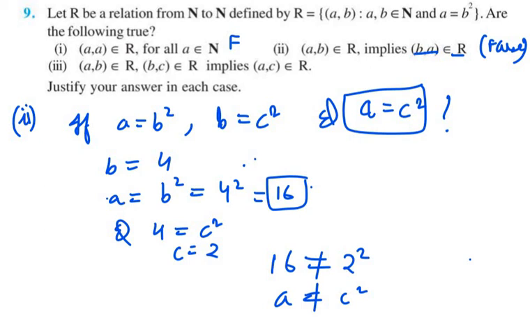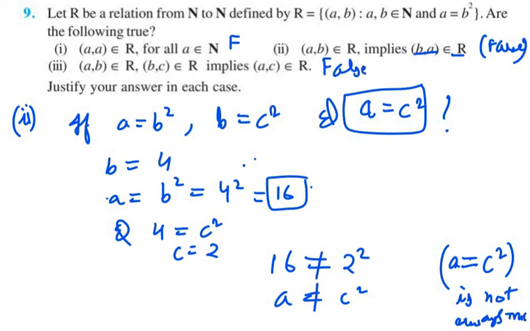So in this case you can write that a equals c square is not always true. So therefore this statement is again false. So that's all for question number 9.